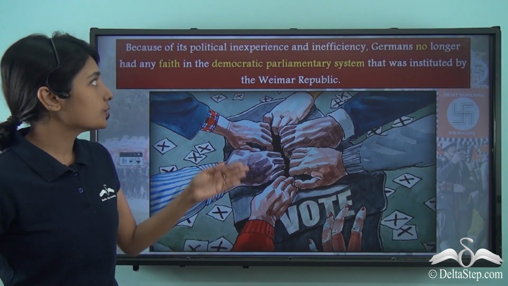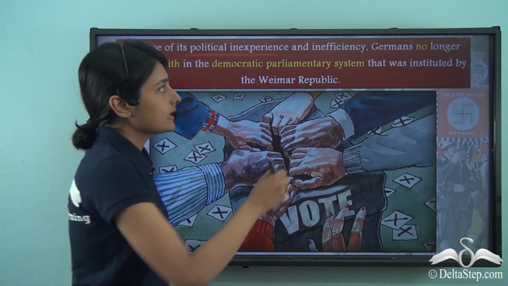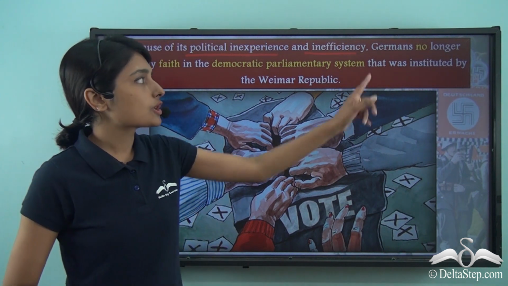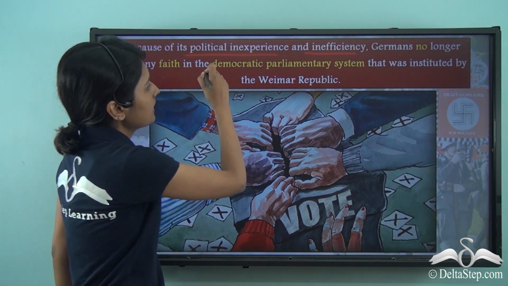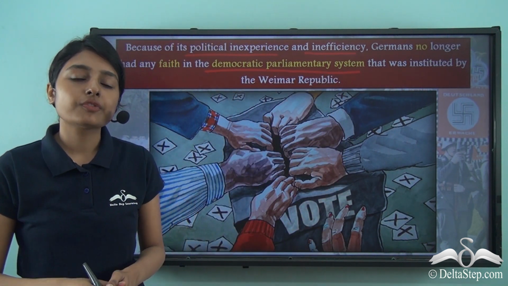Now, owing to the political inexperience and absolute inefficiency of the Weimar Republic, the Germans could no longer put their faith in the democratic parliamentary system that was instituted by the Weimar Republic.